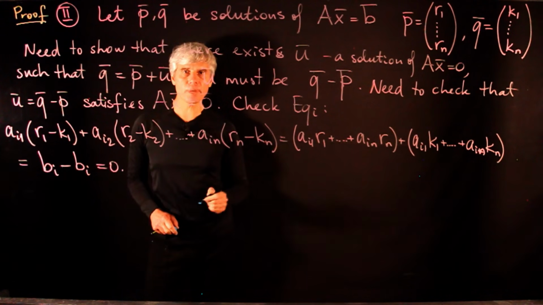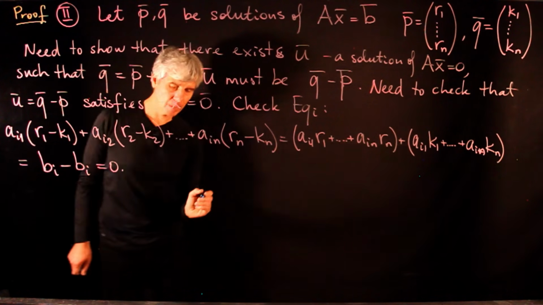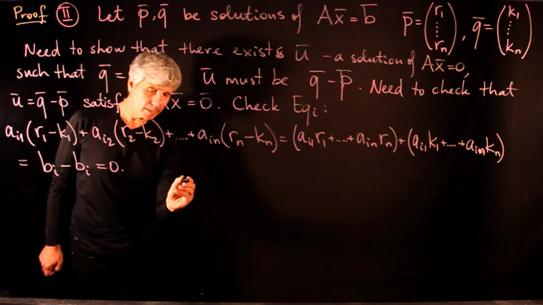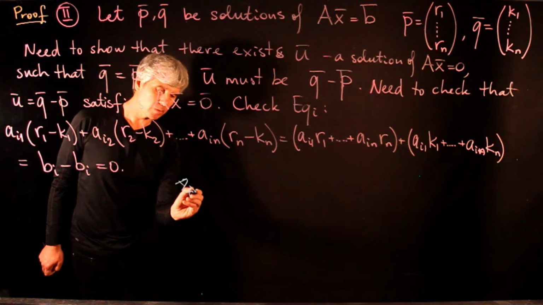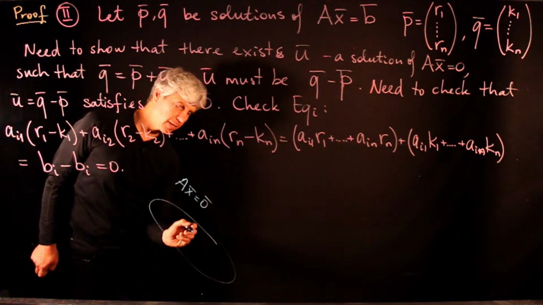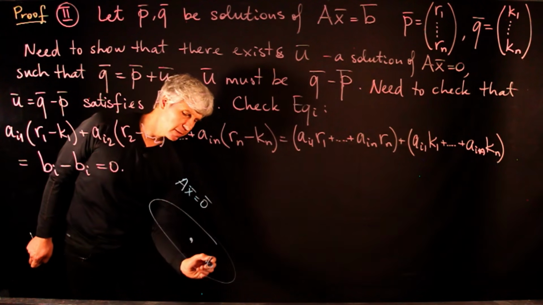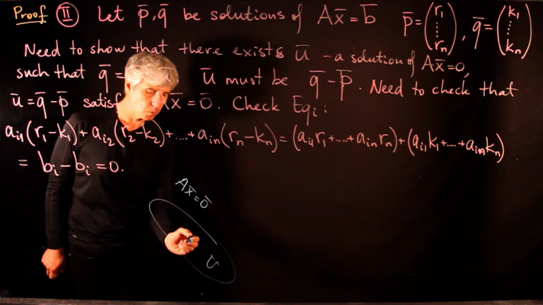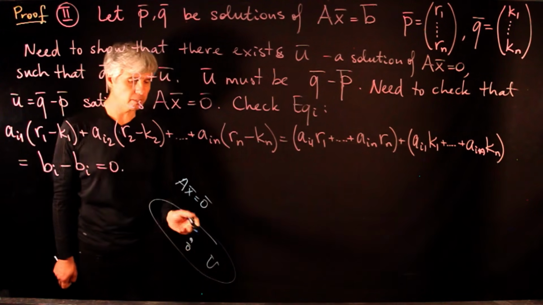Let us give a geometric interpretation of this theorem. If we look at the solution set of Ax equals 0, then we know that the solution set is a subspace. And so this subspace goes through the 0 vector, right?